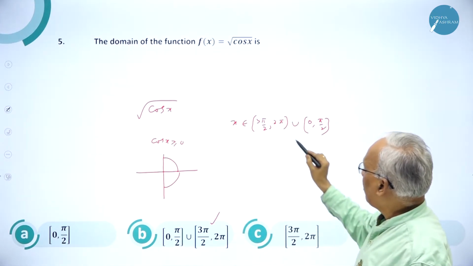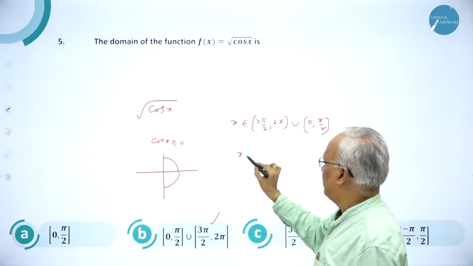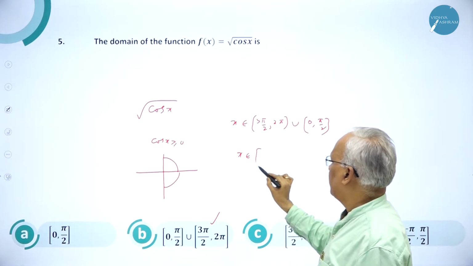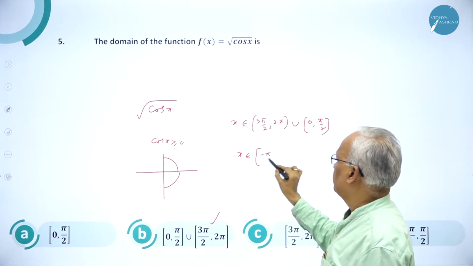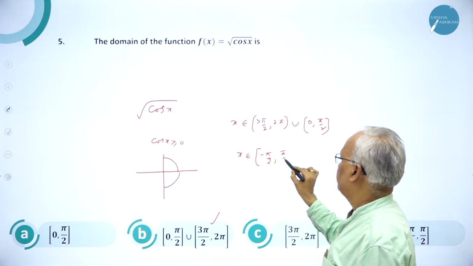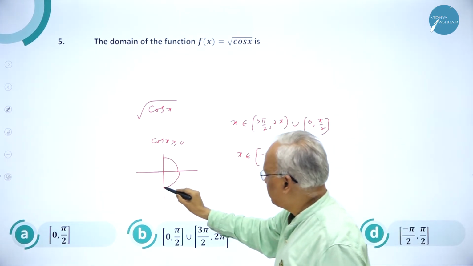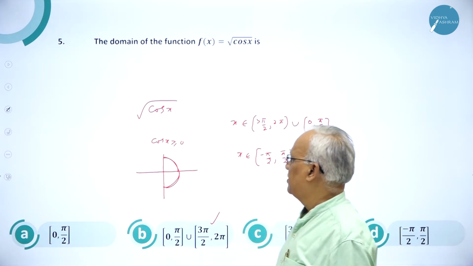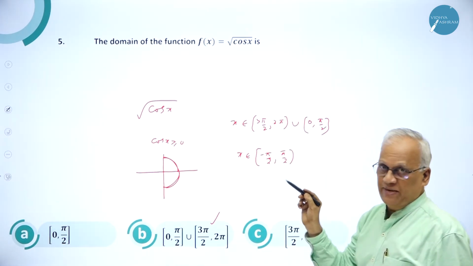But this can also be represented by x belongs to minus pi by 2 to plus pi by 2. So there are two ways of representing the same interval.